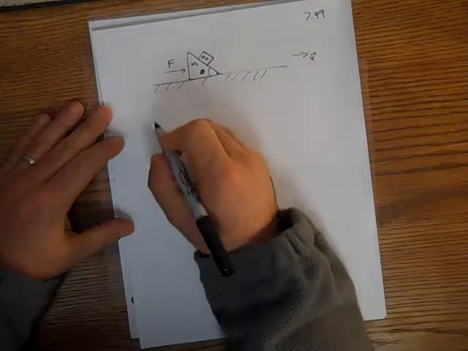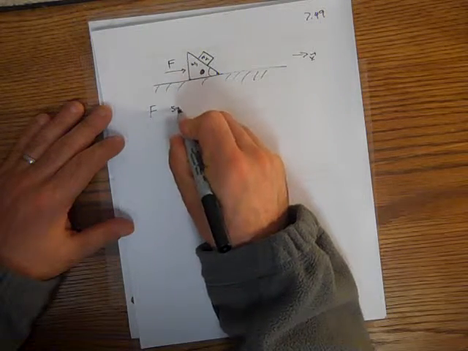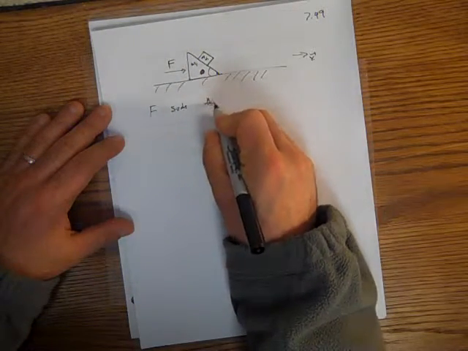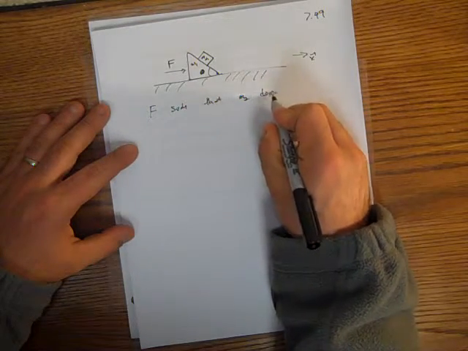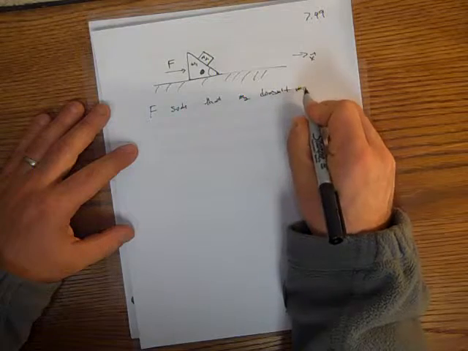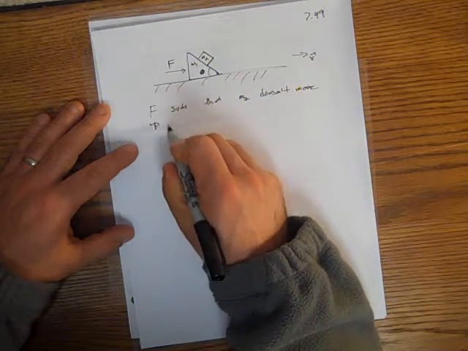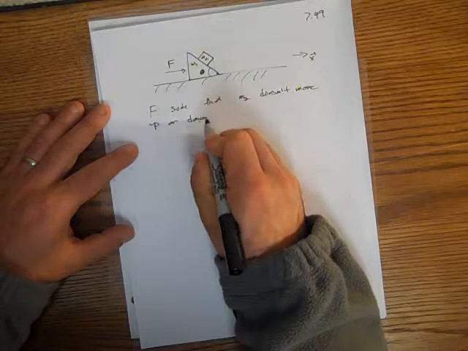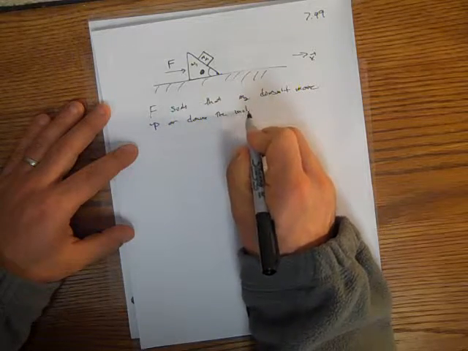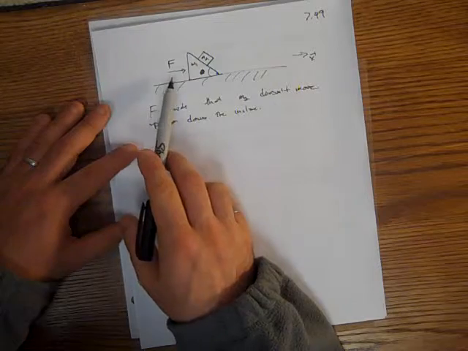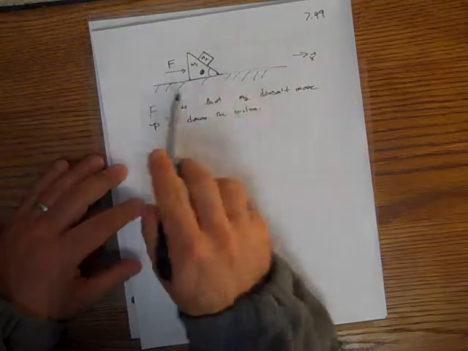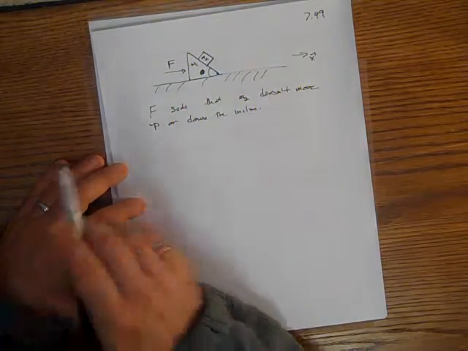What we want is F such that M2 doesn't move up or down the incline. That's what we want in words. The trouble is that it's actually going to be accelerating in the x direction.